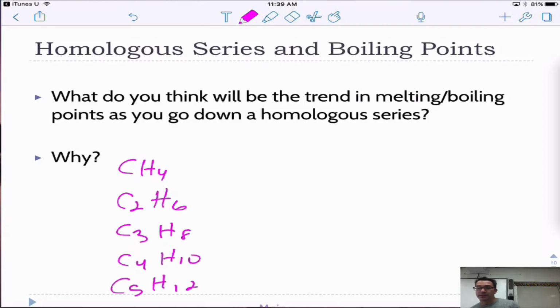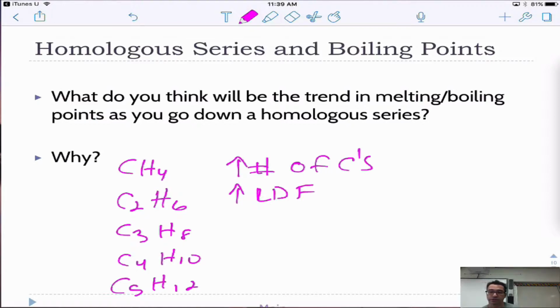And we could look up the boiling points and the melting points for each of these. And what we'll see is that as we increase the number of carbons, that's going to increase the strength of the London dispersion forces, because they're all nonpolar, and that's going to increase the boiling point / melting point.